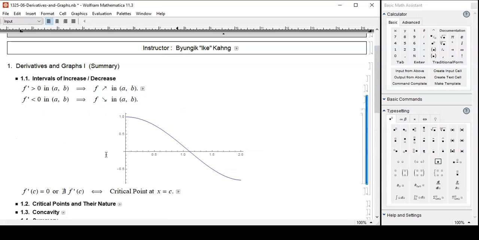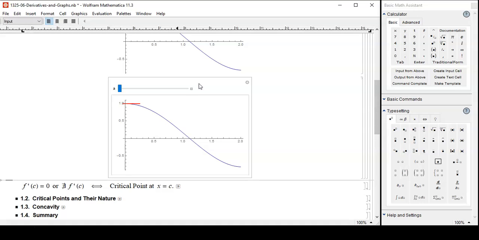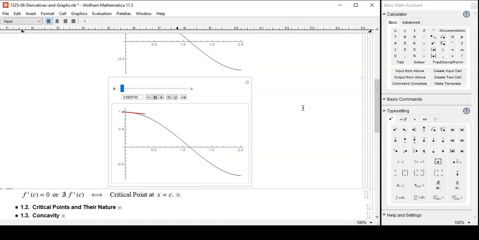And vice versa. Here, graph is going down, so decreasing graph. And look at this animation. Look at the line segment. And look at the slope. Always negative. The red line segment here is always pointed downward. So slope is negative. Sometimes close to 0, sometimes very negative, but in any case, always negative.